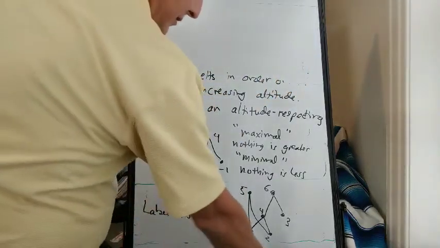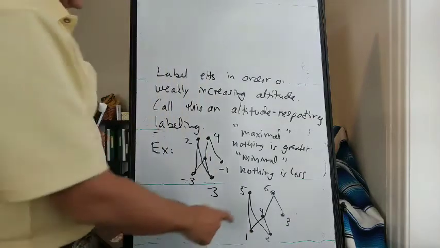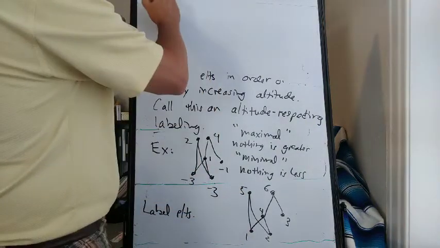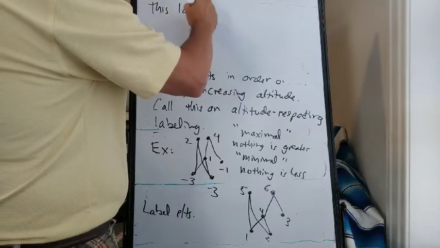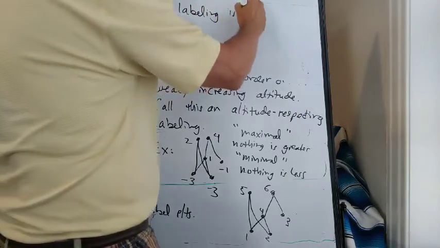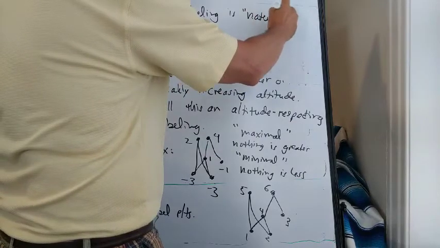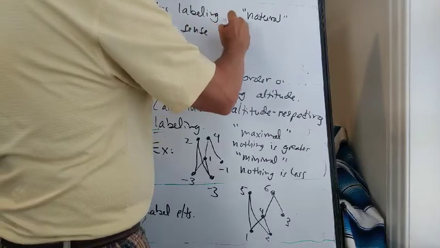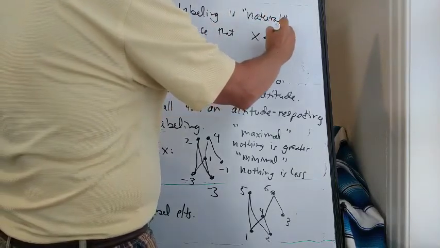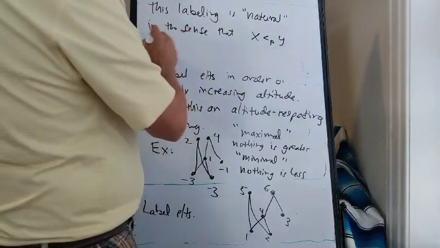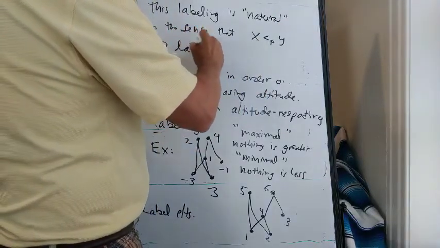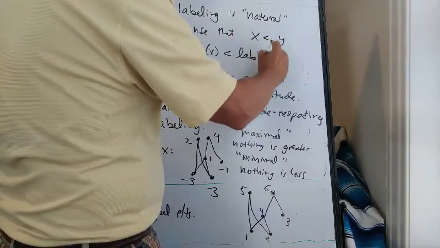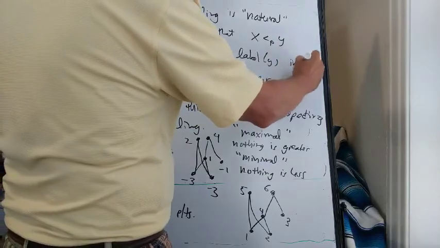Now this labeling is natural in the sense that if one element is less than another, then its label is less than the other label. So if x is less than y in the poset, then that means that the label of x is less than the label of y as integers.